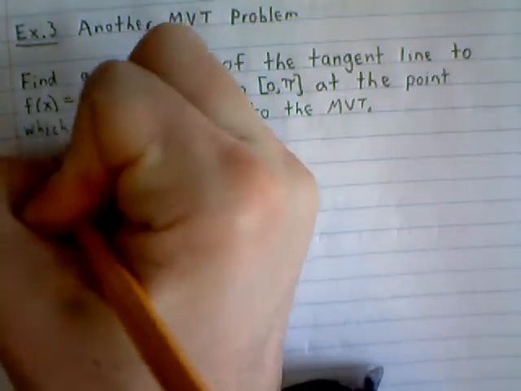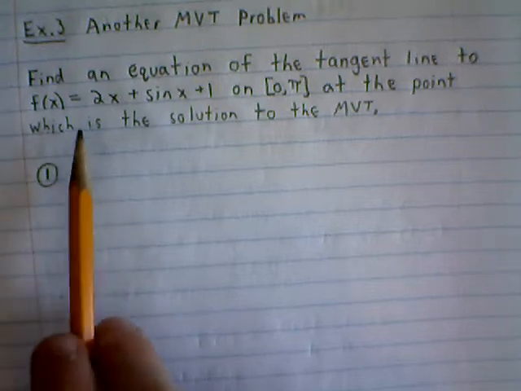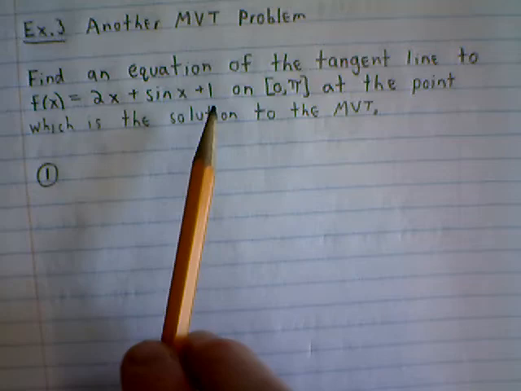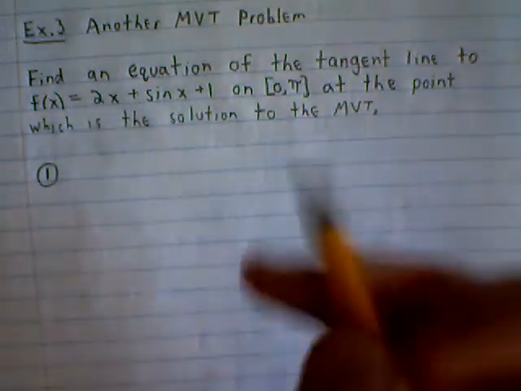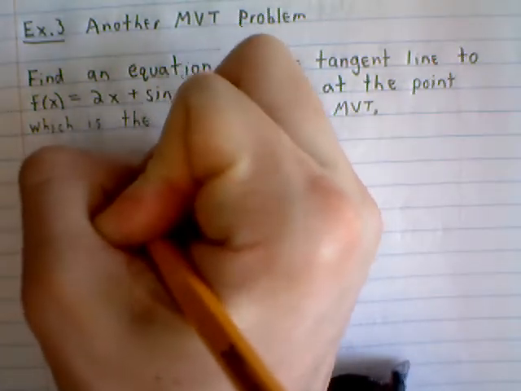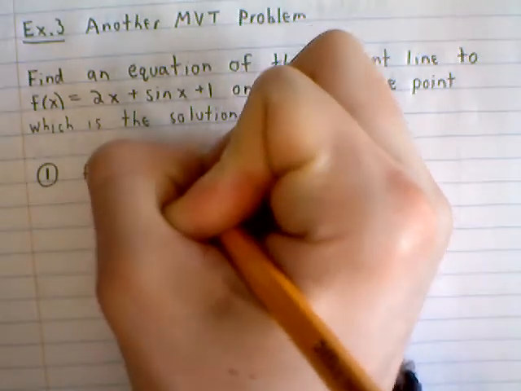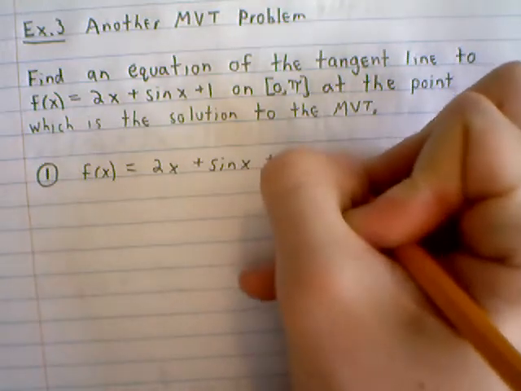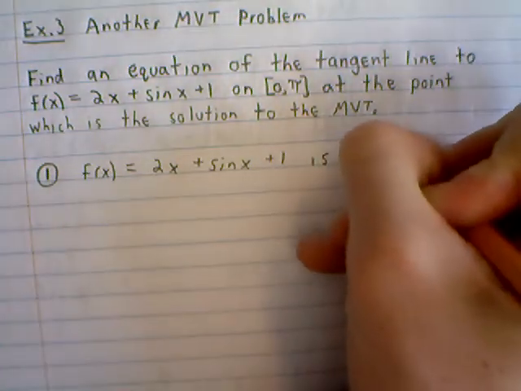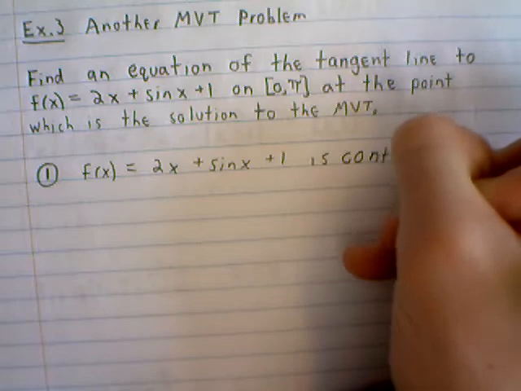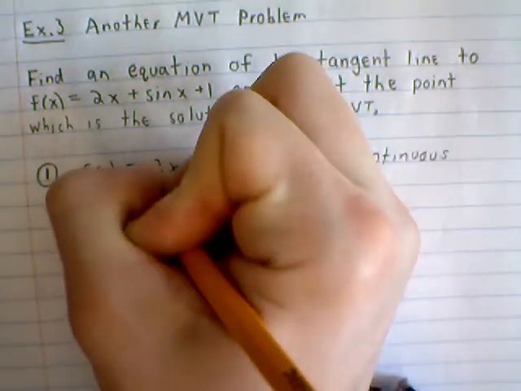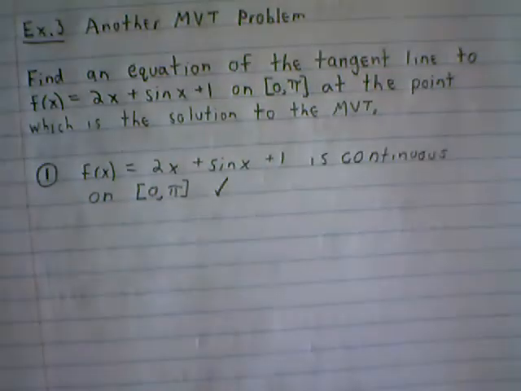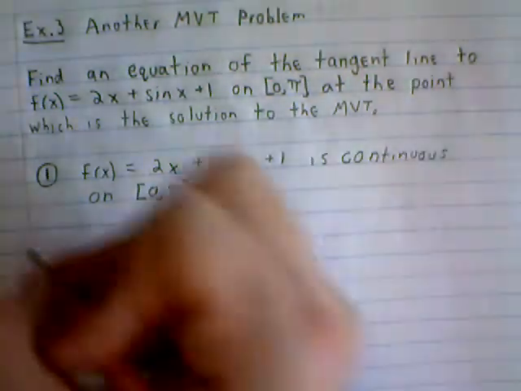So for step 1, let's check if it's continuous. I see no terms in the denominator, no asymptotes. This function will be continuous. So f of x equals 2x plus sine x plus 1 is continuous on 0 to pi. All right, there's our first criteria to check if the MVT applies.